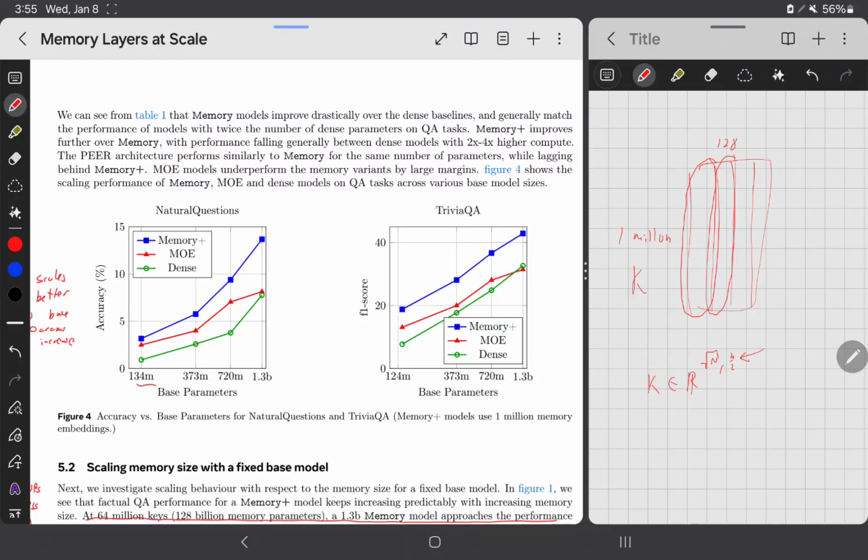And they show as the base parameters increase, the memory plus model, that's what they call it, scales better than the dense and MoE alternatives, utilizing a very large memory. So as you increase this base model, it utilizes the parameters it has access to a lot better, apparently, according to these results here. And you can see the same here.